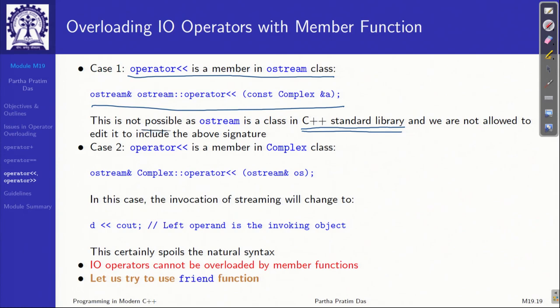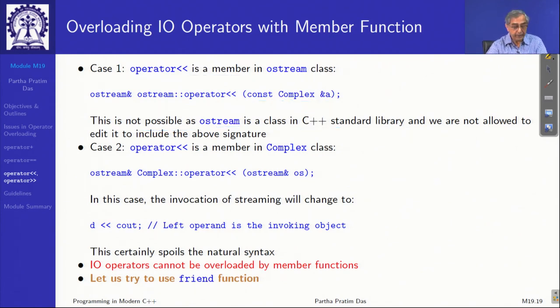So, I cannot add a new overloaded operator for my complex class argument to get this implemented. So, this is technically a feasible solution, but this is not allowed according to the rules of the library.